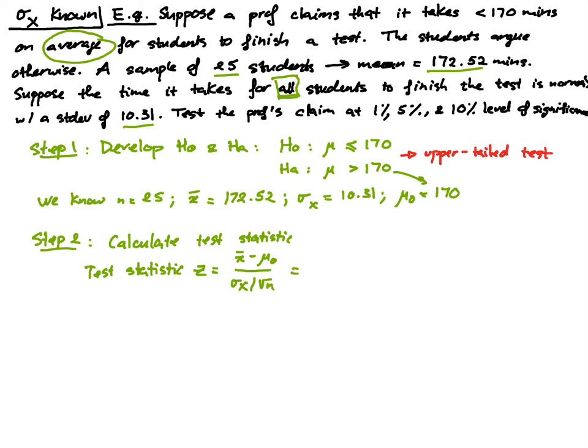So this is 172.52 minus 170 divided by 10.31 over the square root of 25. If you do the math here, you get 1.22 for the test statistic. So far so good.